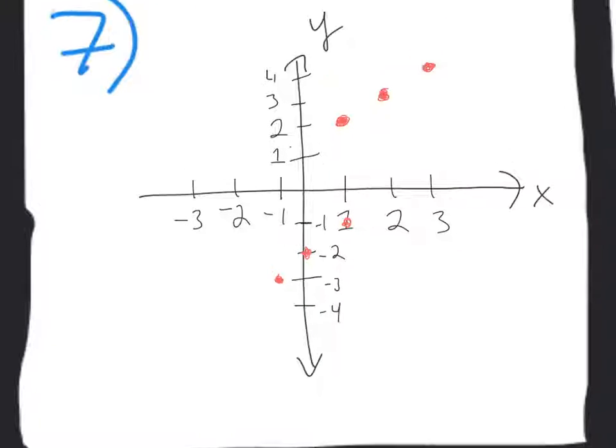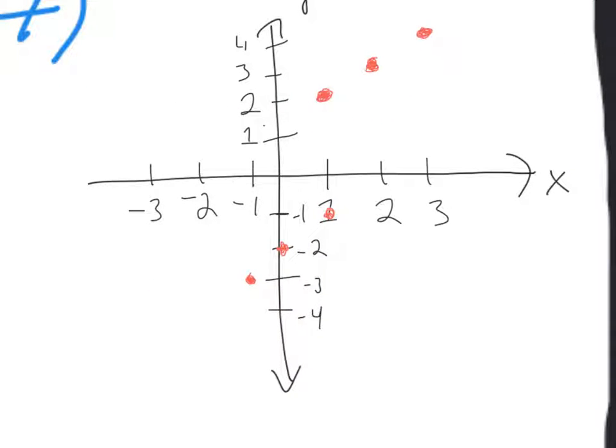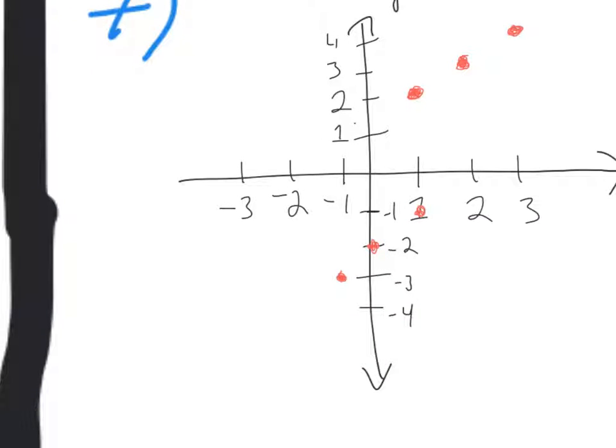The first thing that we have to do with this is go ahead and write out the coordinates for these different points. Okay, so let's put those in a set, and we'll work from left to right.